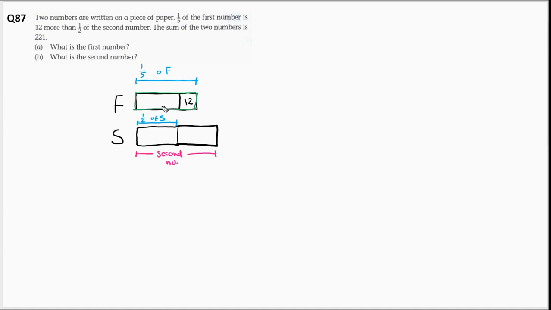So if this is a fifth, then I can draw 4 more of these. So we've now got 1, 2, 3, 4, 5. This must represent the whole of the first number, but I need to split it.